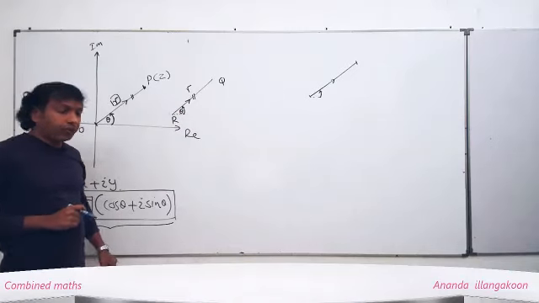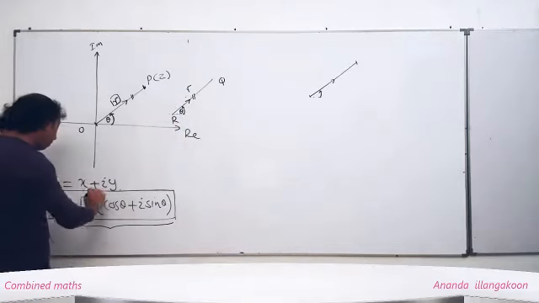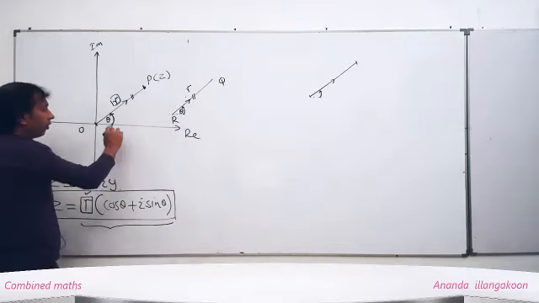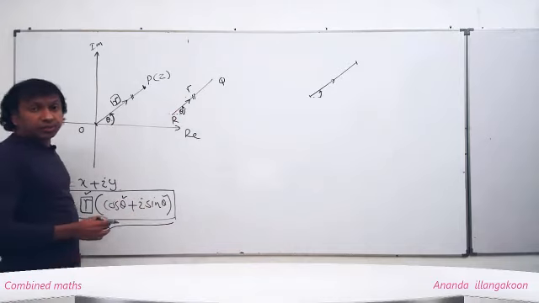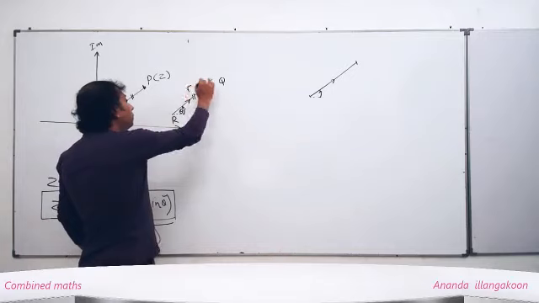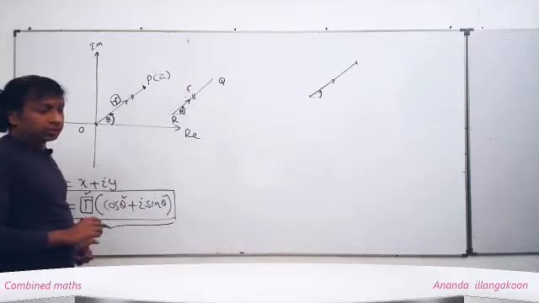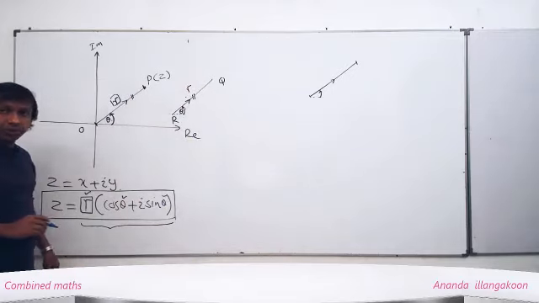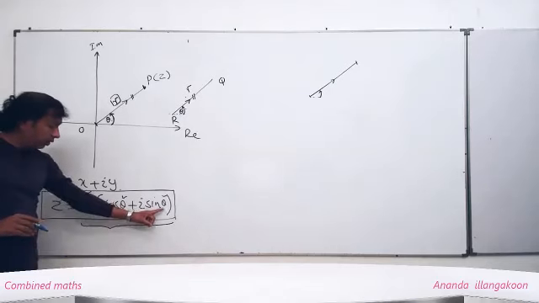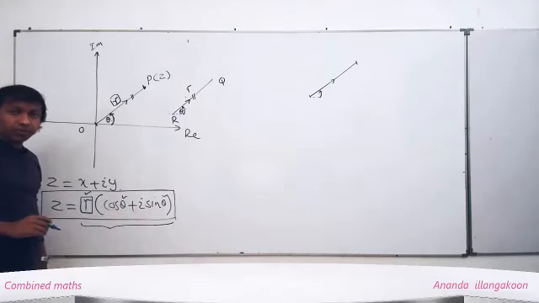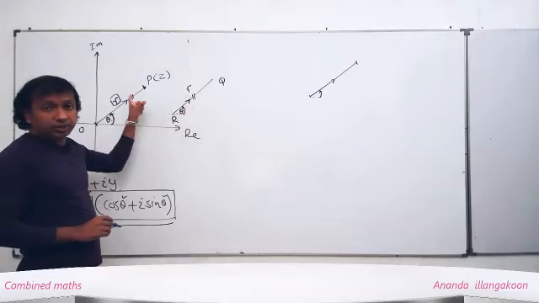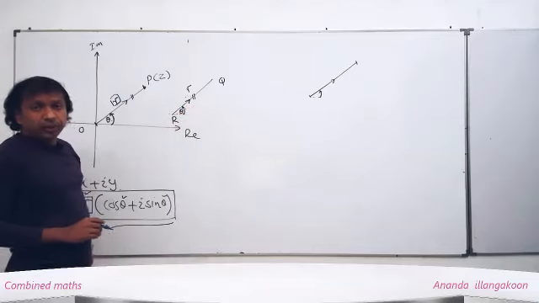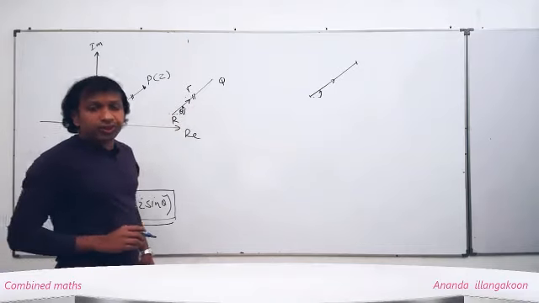Since for this line the same R is available and the same theta is still available here, we can logically say that this line segment RQ should also represent the same complex number Z, because the two data we need to write in polar form of a line segment are still available for this RQ as for this. So the vector also we explain like that now.